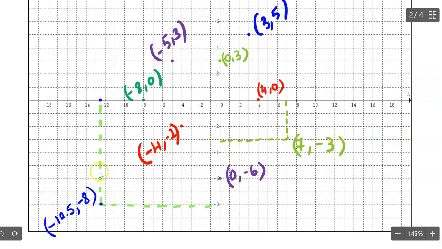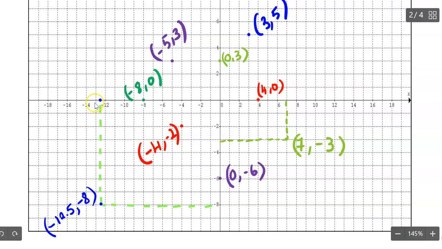So moving on to this point, negative 12.5 and negative 8. Right here I have negative 12 and negative 14. Okay, so the negative 12.5, I have to identify it by knowing that this part is negative 13.